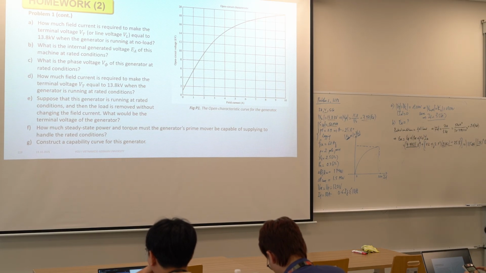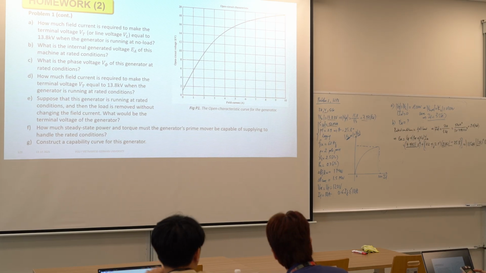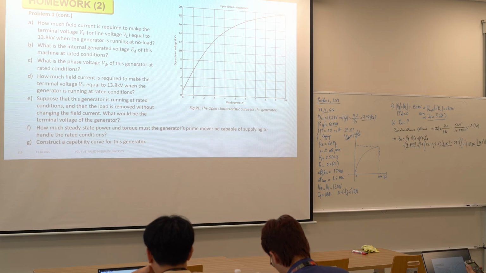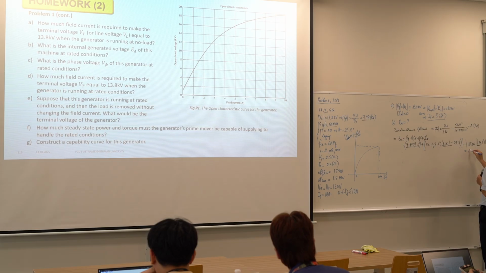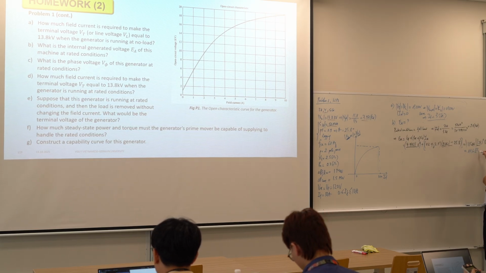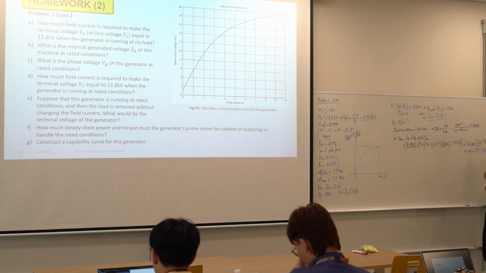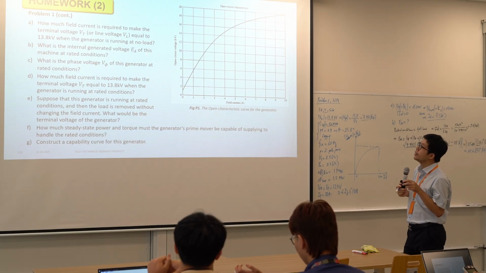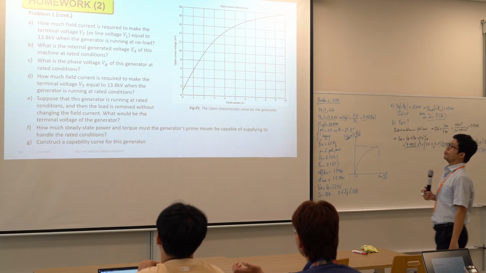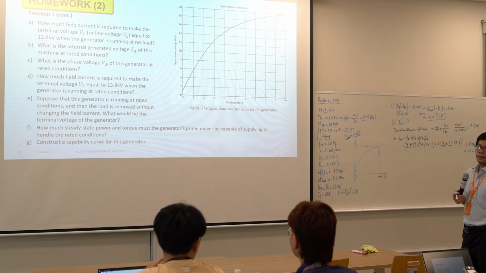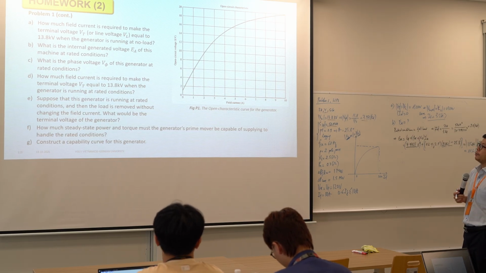Okay, that means, for example, here for EA, I say it's 11.6 with 23.1 kV. Okay? Yeah. Now we know EA. Finish. That's question B, because this question asks for the internal generated voltage.